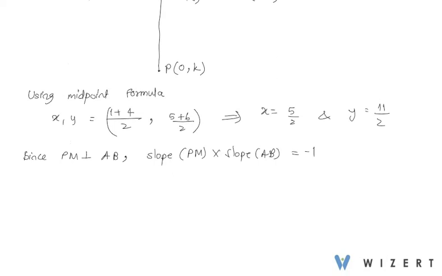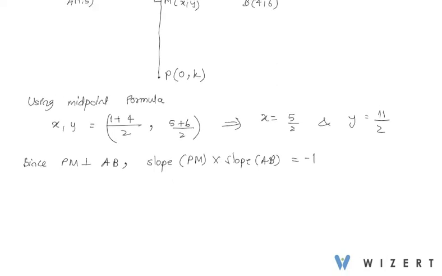So let's see, slope is given by (y2 minus y1) upon (x2 minus x1).